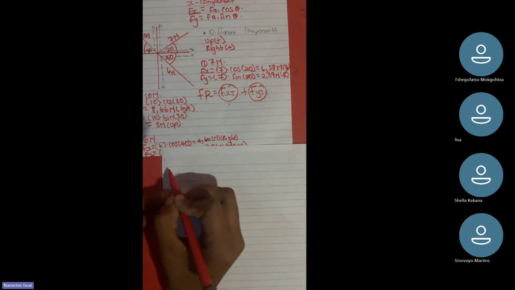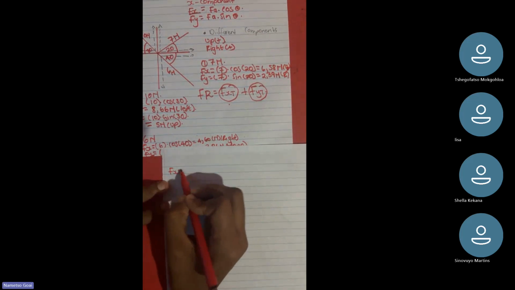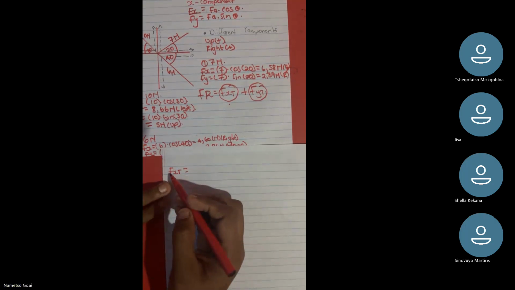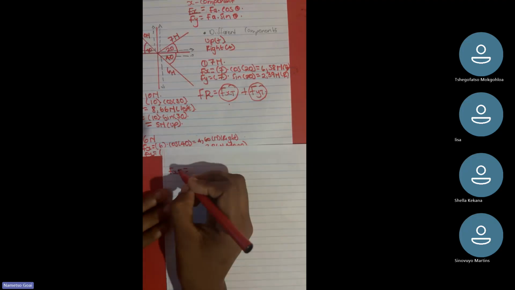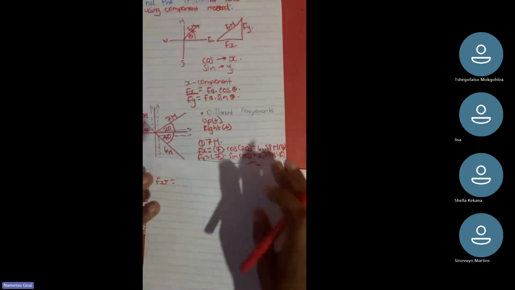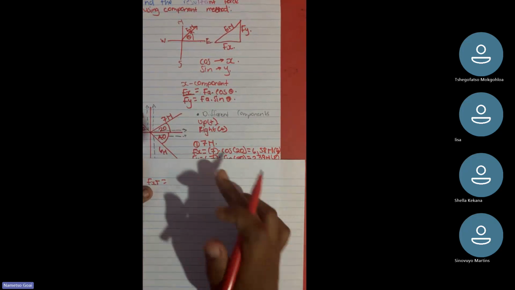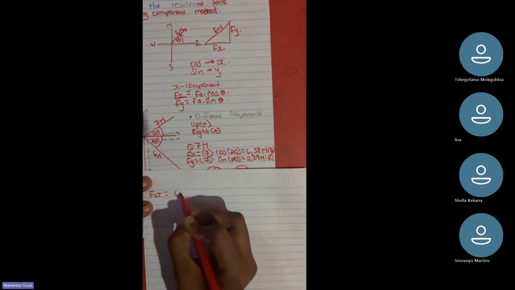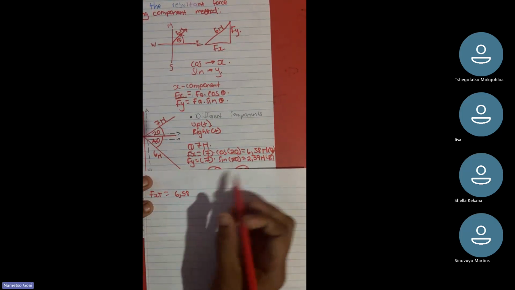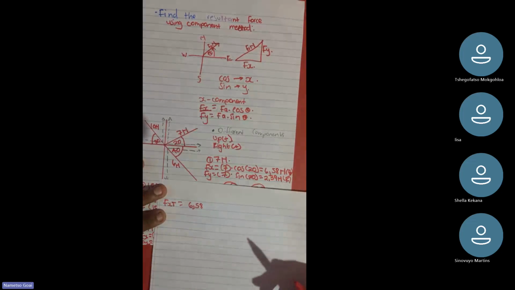Bear with me. Because we have three forces, let's say Fx total. This is just the component forces in the x axis added all up, right? For the 7 Newton one, we said we have 6,58. It's going up, so it's positive, right?